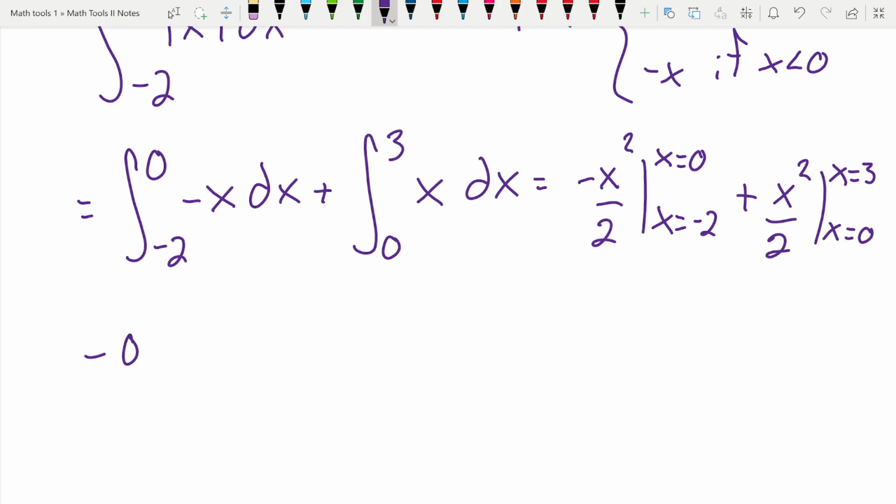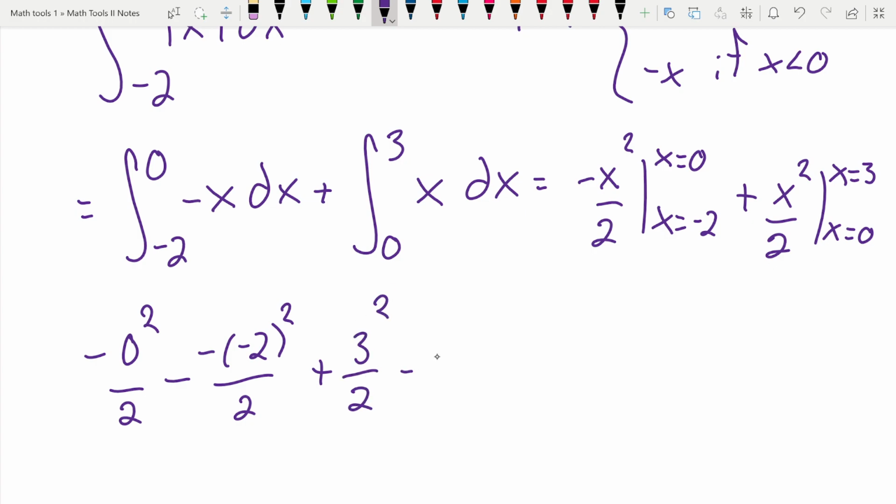Negative 0 squared over 2 minus negative 2 squared over 2. We're being really careful about all the negatives here. So that's the first one, plus 3 squared over 2 minus 0 squared over 2.